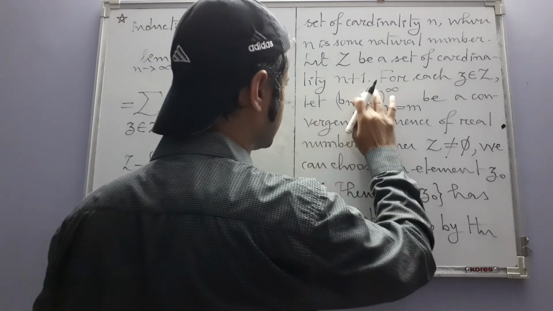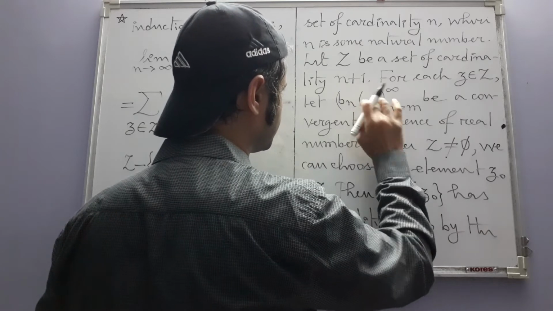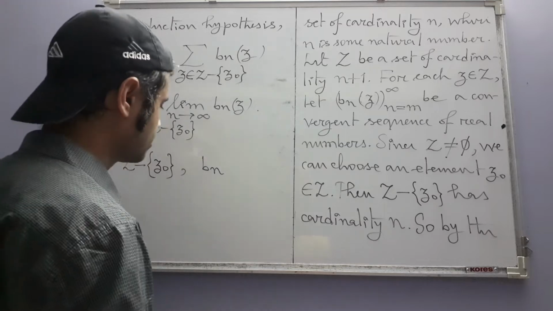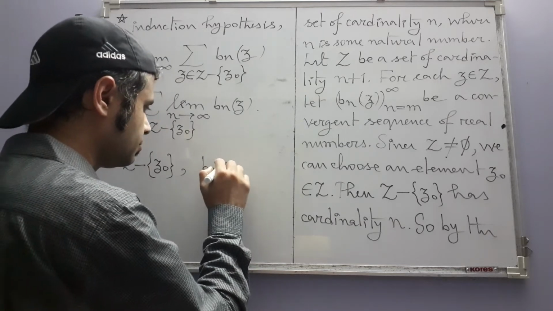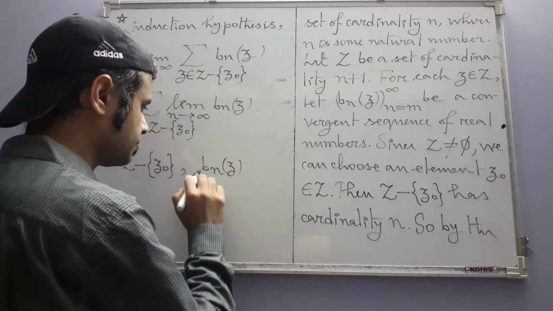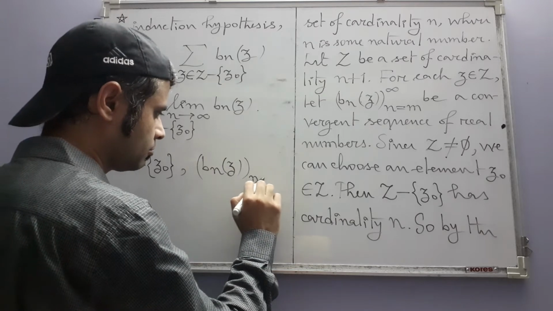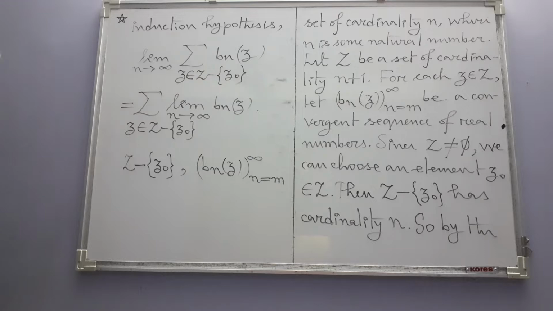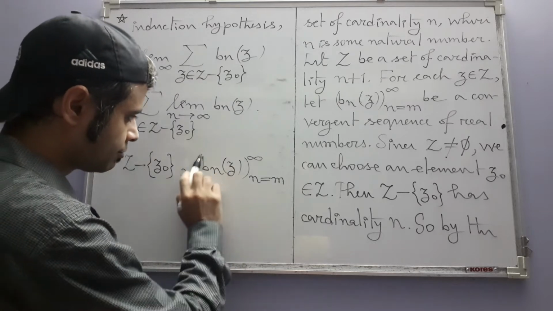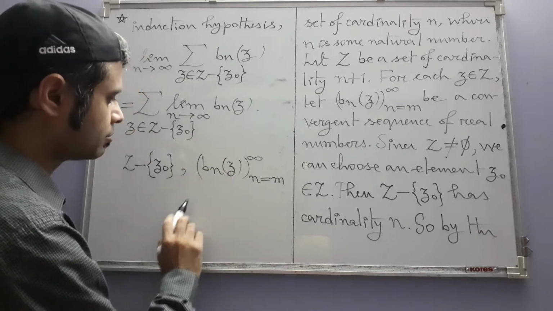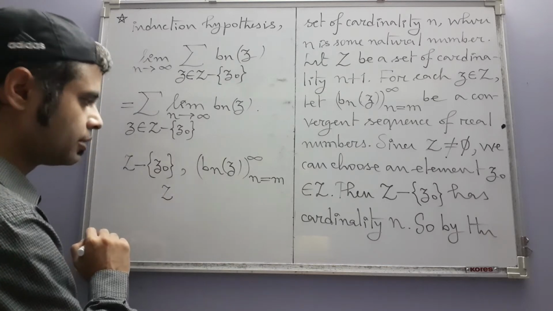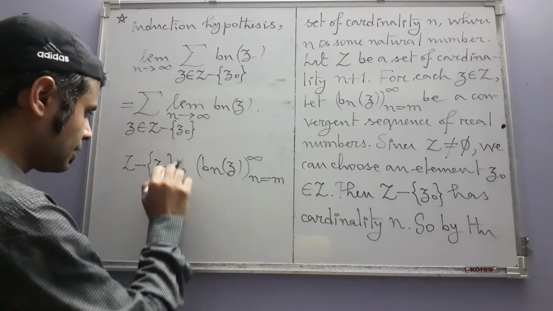Oh, so here also I made that mistake. I need to write Z here, otherwise that does not make sense. This sequence is still there, but the terms inside the sequence no longer are functions defined on the entirety of Z, but rather on this subset.